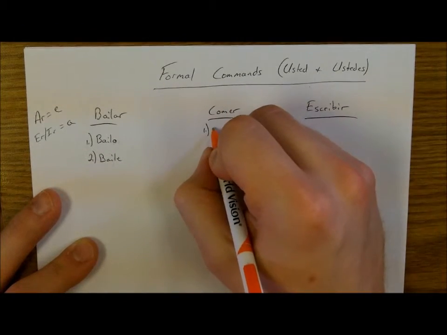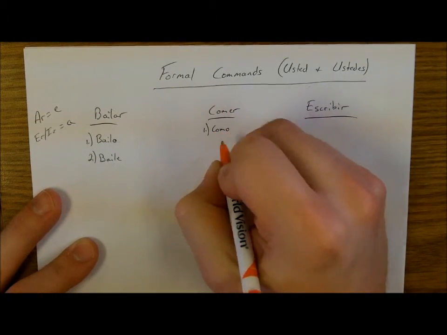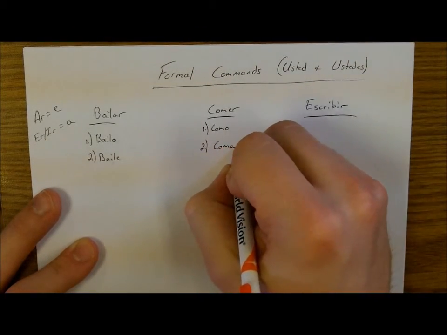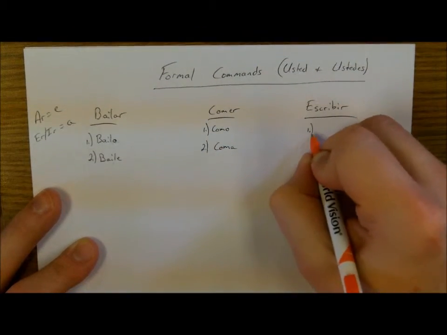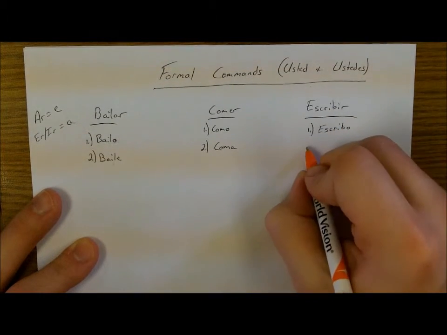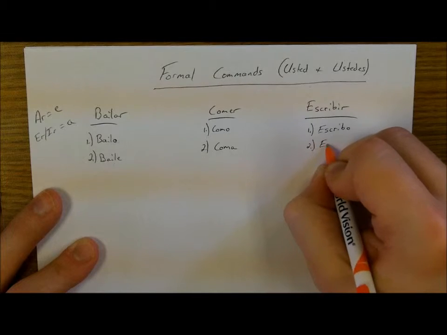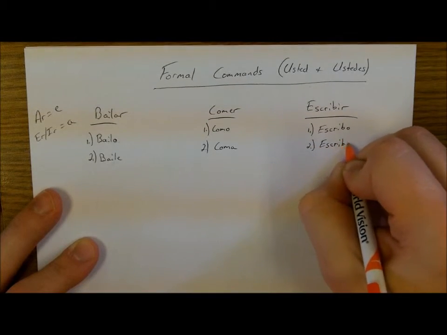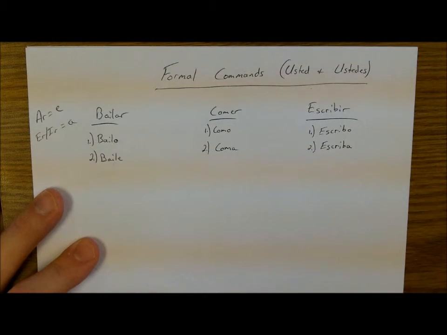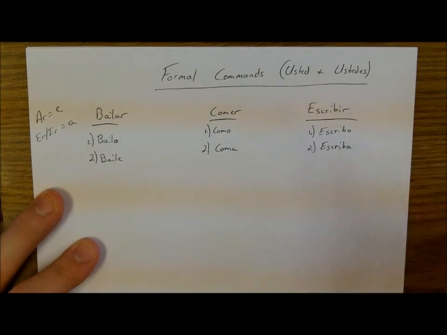Yo form presente, we get como. Opposite endings, coma. Yo form presente, escribo. Opposite endings, escriba. Now, that's pretty much how you form a formal command for one person.